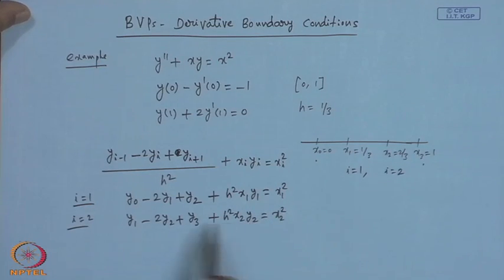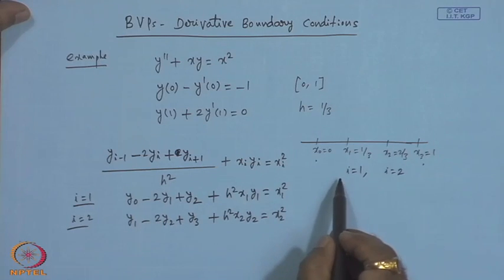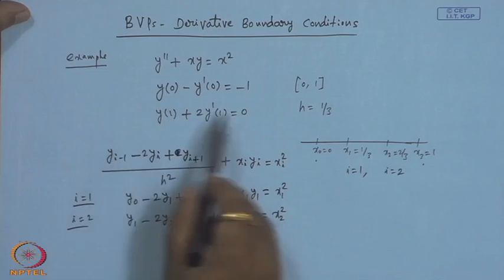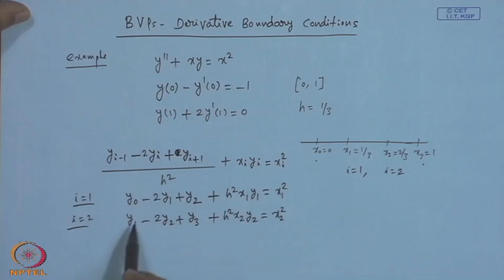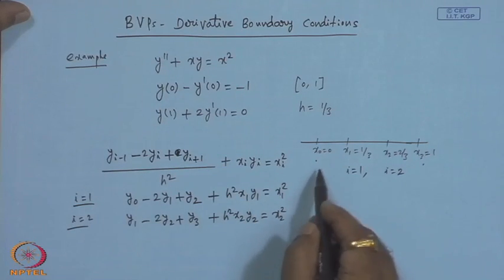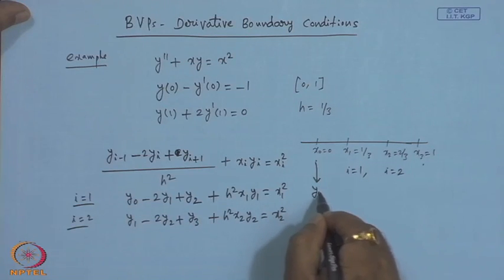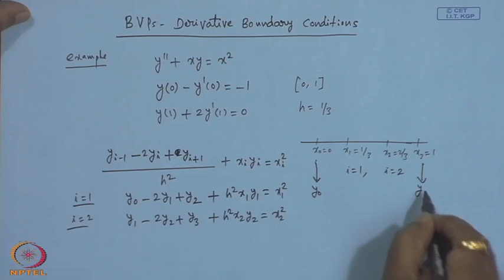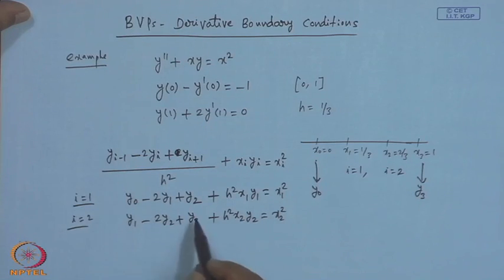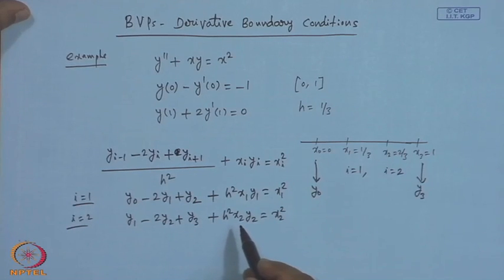In the earlier case, where the boundary conditions do not involve derivative terms, y 0 and y 3 would have been known. So, with y 0 and y 3 given, we had 2 equations in 2 unknowns, y 1 and y 2. But now the situation is entirely different.